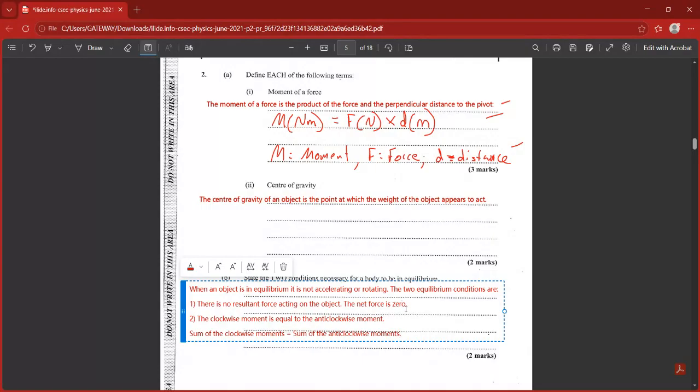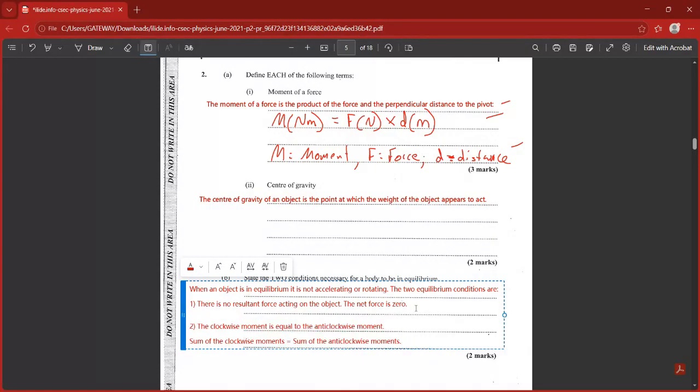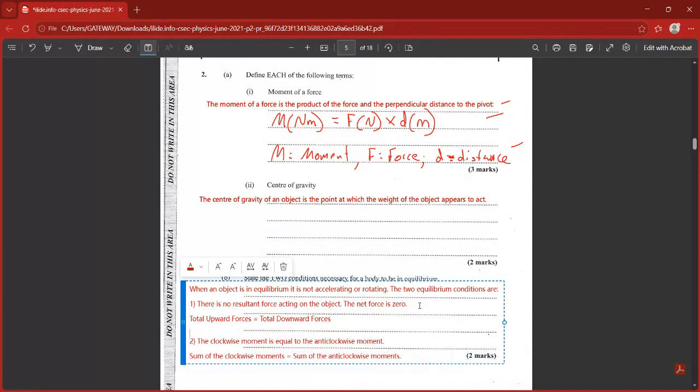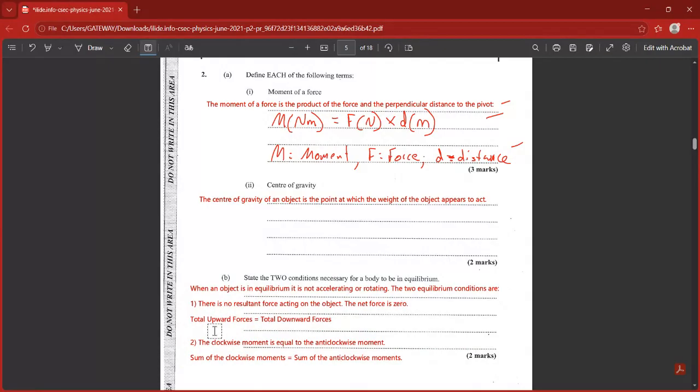For example, for the first law as well, there's another case, where you could say that the total upward forces will be equal to total downward forces. I mean, you don't need to put all of this to get that 2 marks, but I do a little review of the conditions there one time, so you understand it, right?